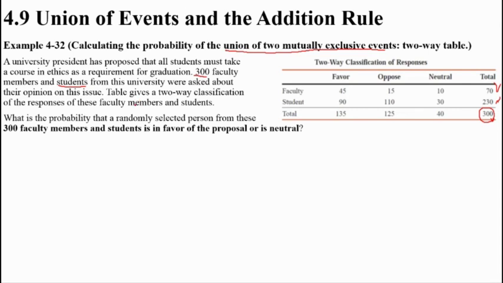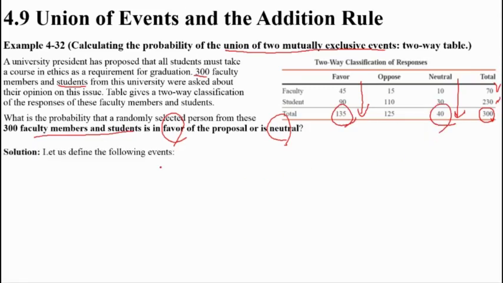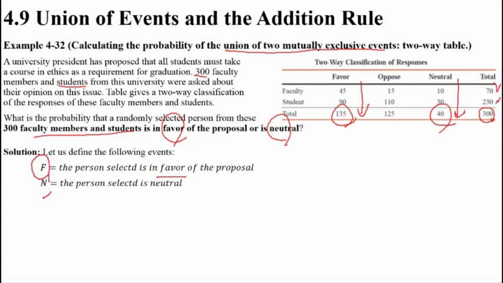So the question is, randomly select a person from the 300 people, faculty and students. They are asking the question of favor or neutral. So let's say F is favor and N is neutral.